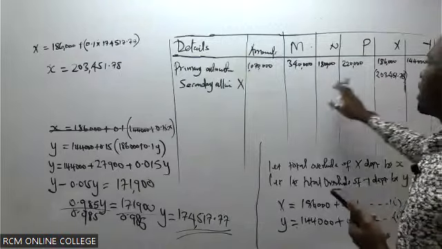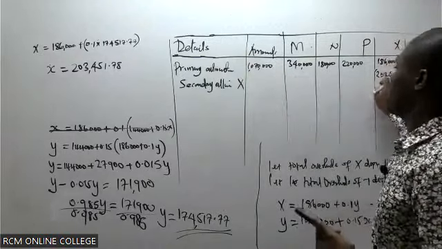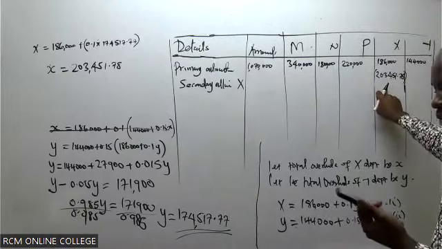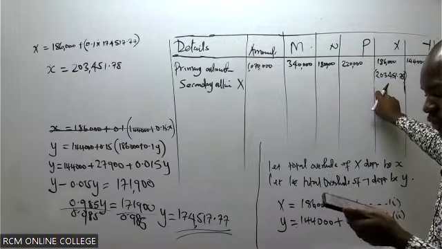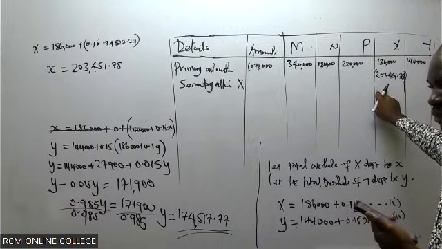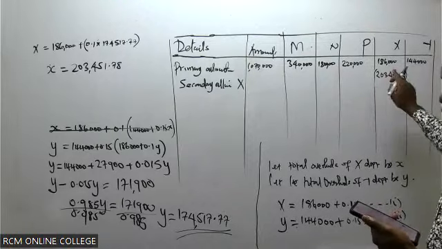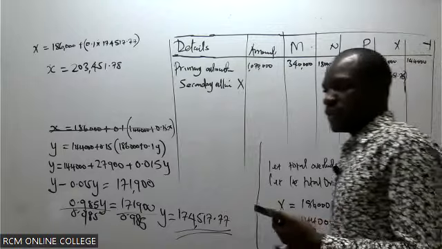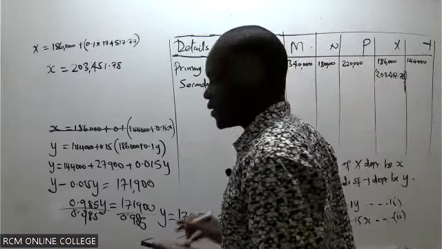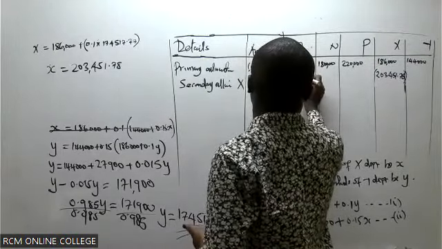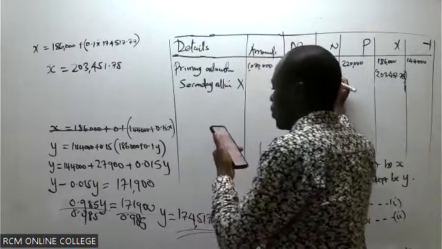So someone should go ahead and give us 20% of this figure. What do we get? 40,690.36.